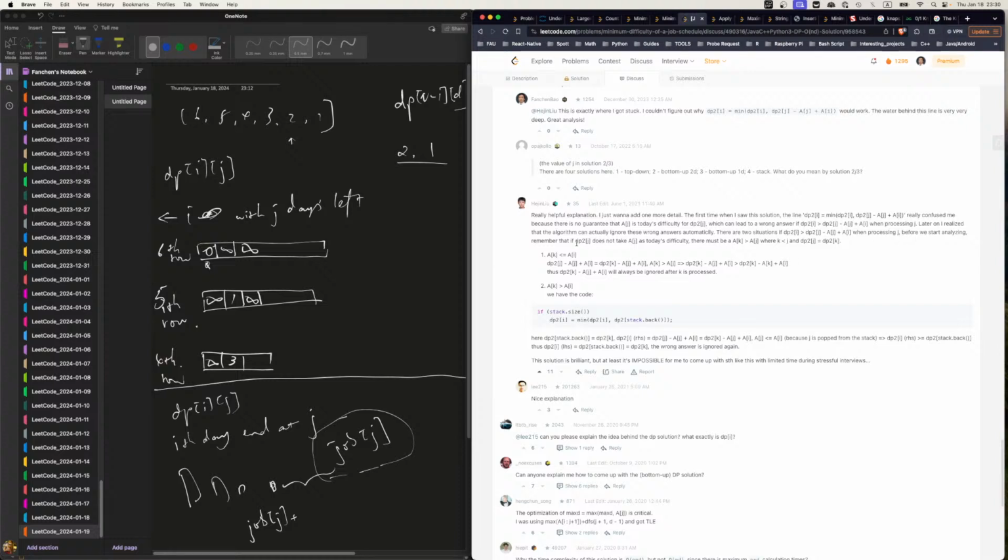I mean that dp[j] does not take aj as today's difficulty. If dp[j] does not take aj as today's, then there must be an ak larger than this. And what the hell is this? dp[j] equals dp[j], that's correct.